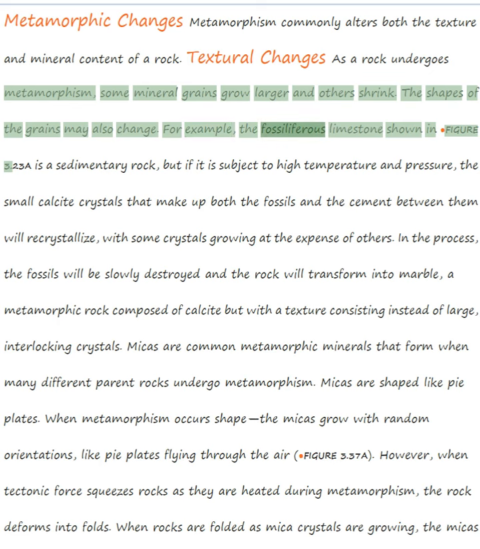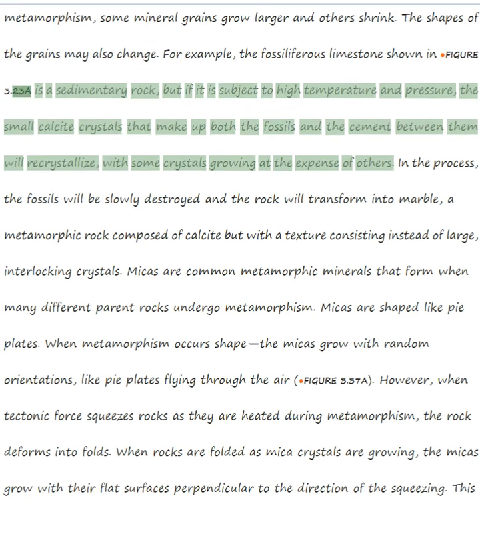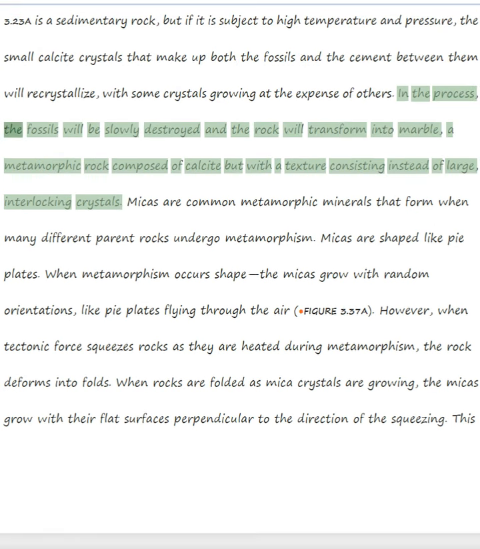For example, the fossiliferous limestone shown in Figure 3.23a is a sedimentary rock, but if it is subject to high temperature and pressure, the small calcite crystals that make up both the fossils and the cement between them will recrystallize, with some crystals growing at the expense of others. In the process, the fossils will be slowly destroyed and the rock will transform into marble, a metamorphic rock composed of calcite but with a texture consisting instead of large, interlocking crystals.